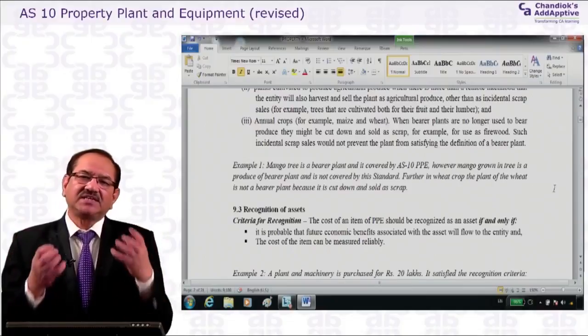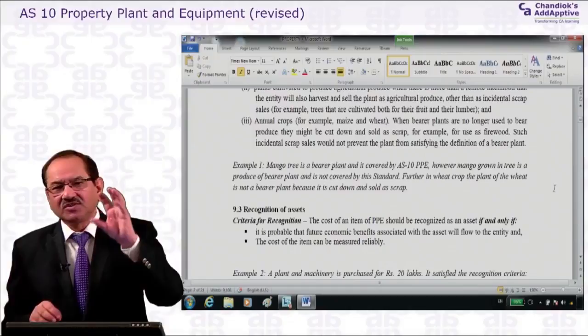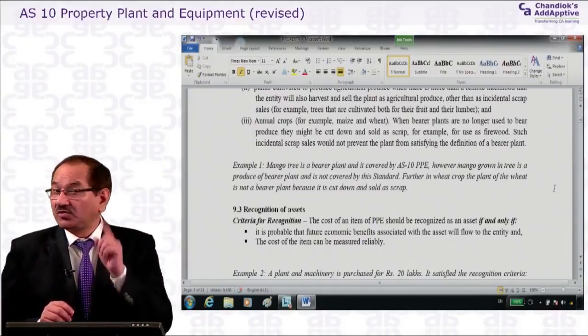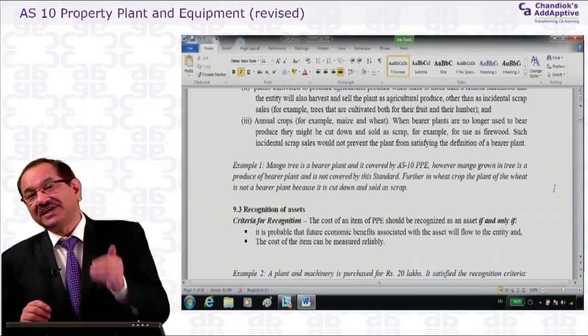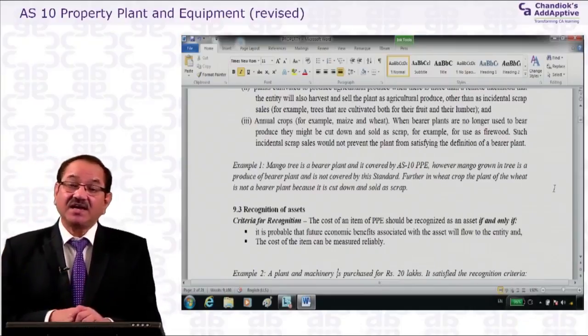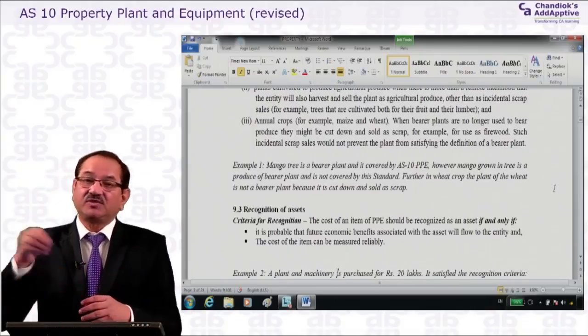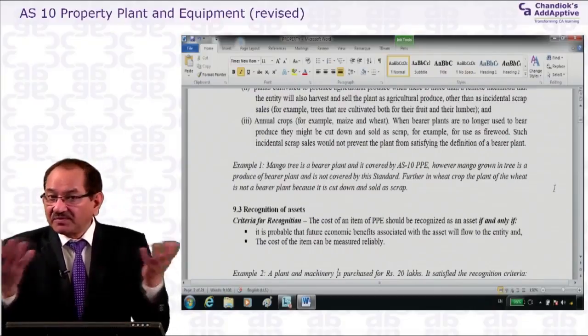Basically there are three things in the accounting standards. First, recognition criteria: when to recognize that asset, when to recognize that income. Second, measurement criteria: how to measure it, because ultimately if you want to write plant and machinery in your books of accounts, at what value?